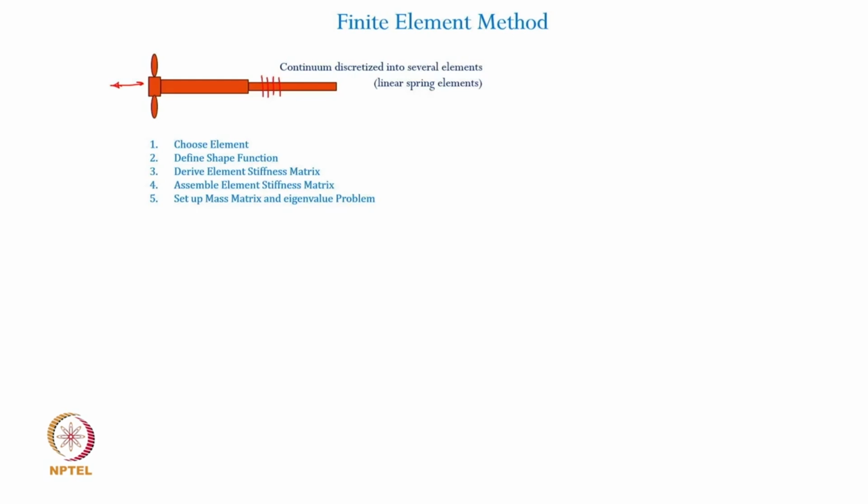Once you obtain these system level matrices, you can set up an eigenvalue problem, or you can set up an external forcing function, a vector describing the forces acting at different locations on the entire system, and set it up either as a dynamic forced vibration problem or an eigenvalue problem.